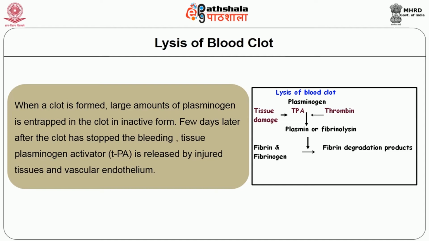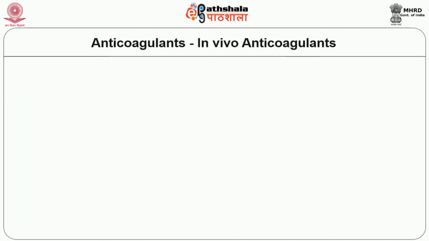So, now we will go into the applied aspects of hemostasis in the medical field. So, you must know what the anticoagulants are that are present both within the blood and outside the blood. So, first we will see the in vivo anticoagulants. So, the most important in vivo anticoagulant is called heparin.